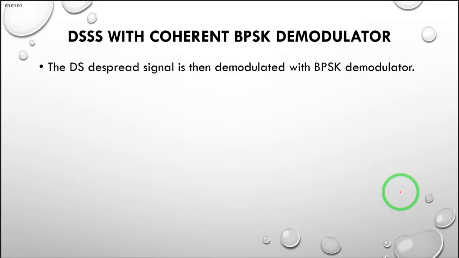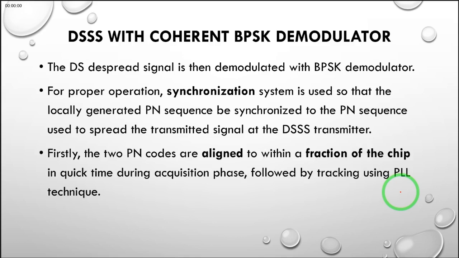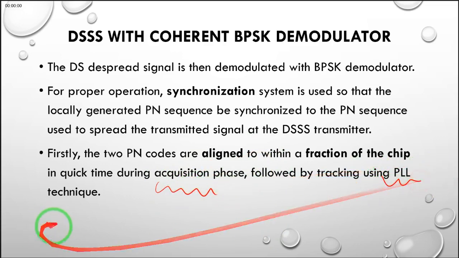In conclusion, the despread signal is then demodulated with a BPSK demodulator, and for proper operation, a synchronization system is used so that the locally generated PN sequence is synchronized with the PN sequence used to spread the signal at the transmitter. Finally, the two PN codes are aligned to within a fraction of the chip rate during the acquisition phase, followed by tracking that applies the concept of a phase locked loop technique.